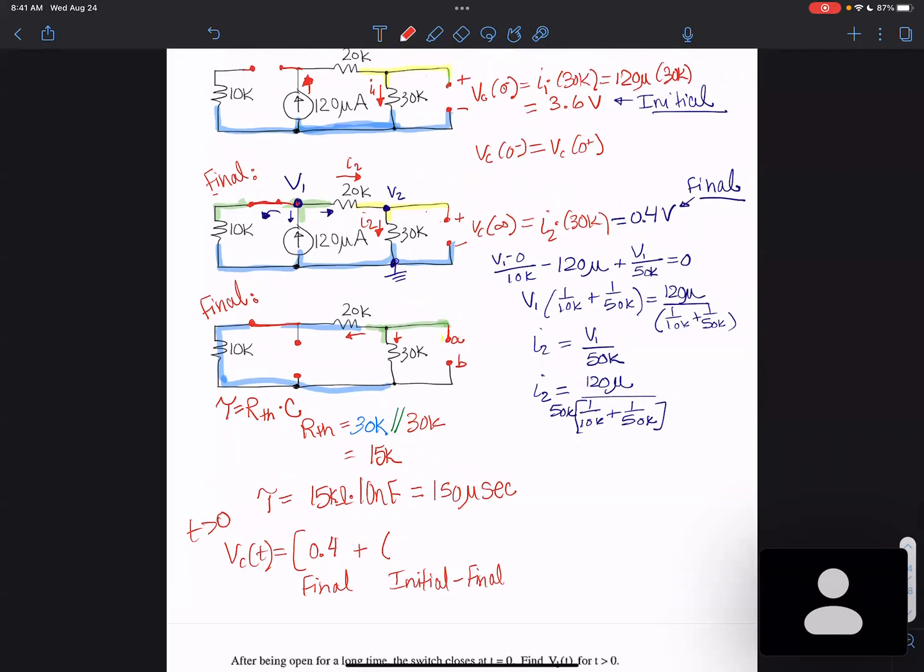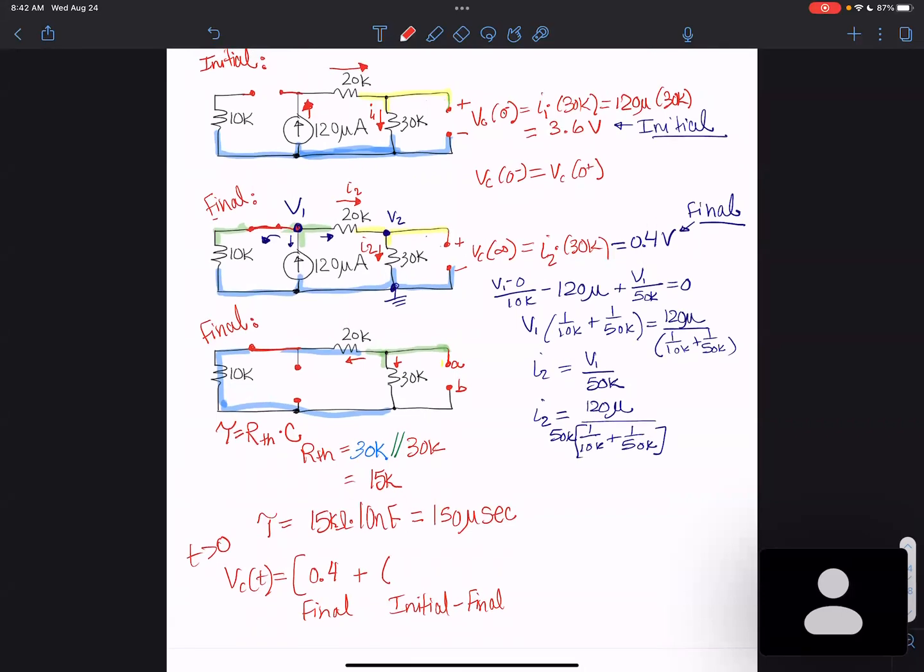So my initial value was 3.6, and then minus 0.4 for the final again. E to the minus T0, in this case T0 is 0. So note that too. T0 for this is 0. So it's just minus T over tau, which is 150 microseconds. And all of this will be volts.